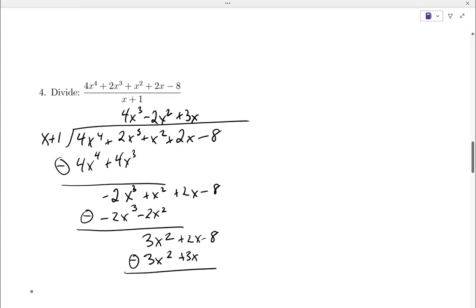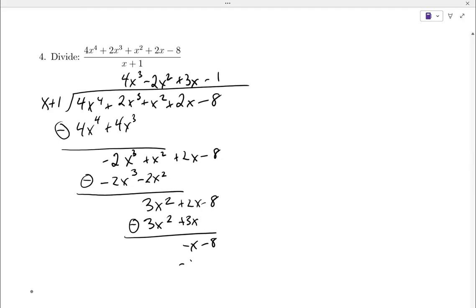Subtract. What do we get after we subtract here? -x, good. And so then what's going to go up top? -1. So we'll multiply that through. And when we subtract, we should get -7.